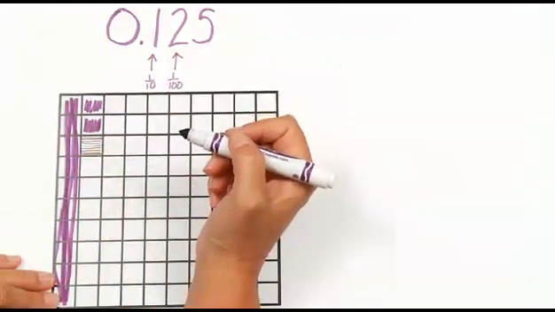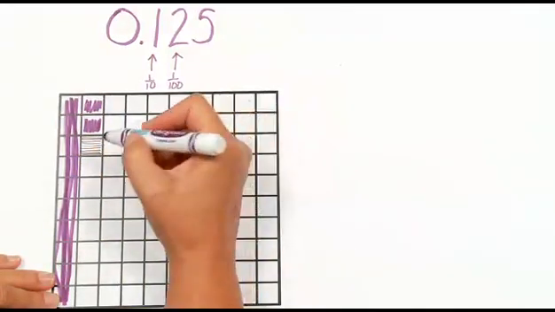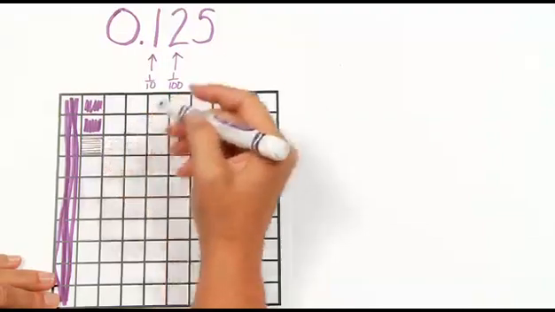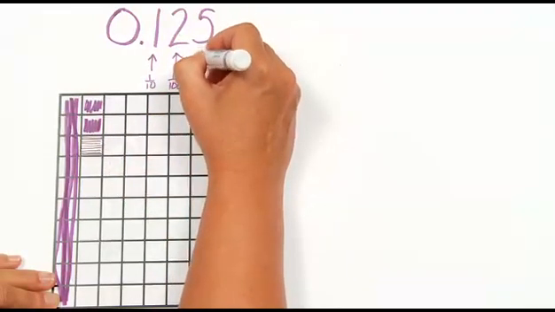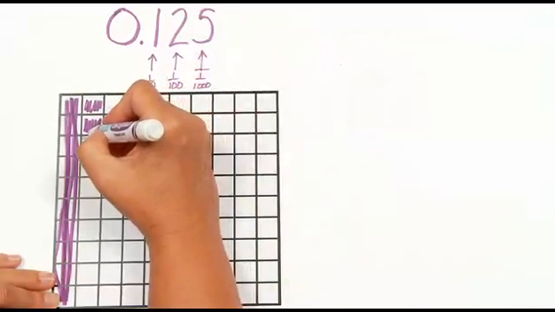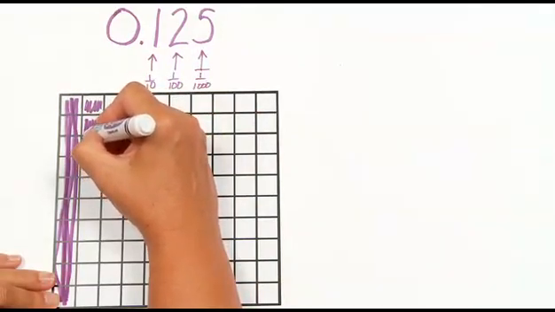I'm going to ask you to use your imagination and imagine that each one of those thousandths is equal. And we're going to need 5 of those. So I've got thousandths here. 1, 2, 3, 4, 5. And I will shade that in.